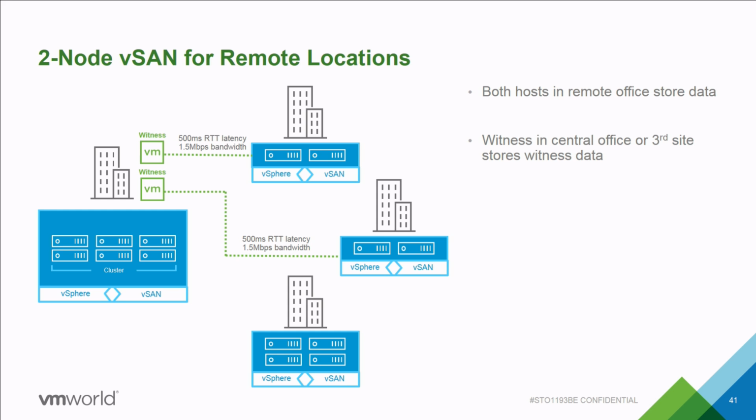Because the ROBO side itself has those two hosts, either connected by a switch, and they are basically separated to your headquarter where the witness lies via L3. This can also be a VPN tunnel or even a cloud. So it is not important where the witness actually lies. Important is really where you're going to place it.